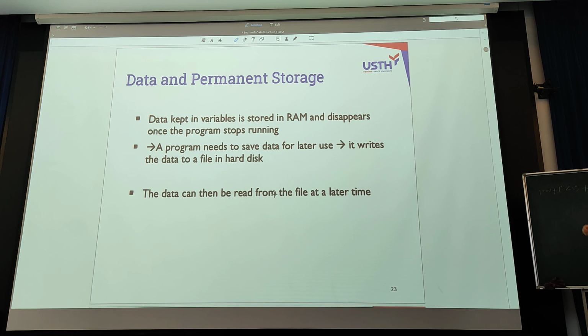In order to do that, you are writing a file. You create a file, capture this data in the program, push it into the file, save it, and you can open and access the file later. Even if you turn off the computer and turn it on again and open the file, it's still there.